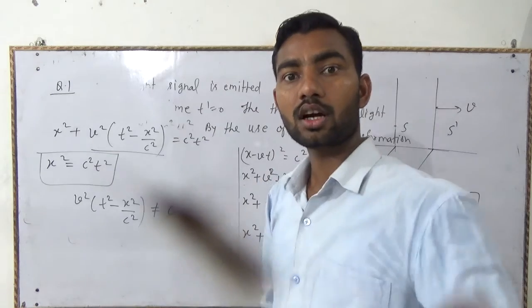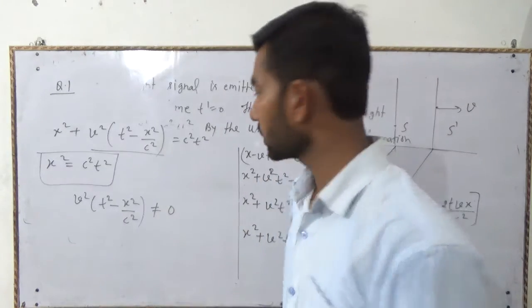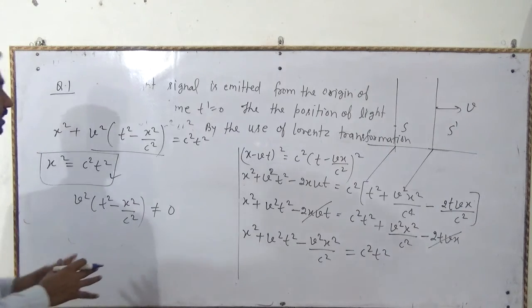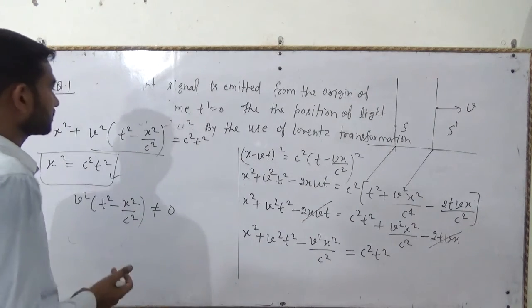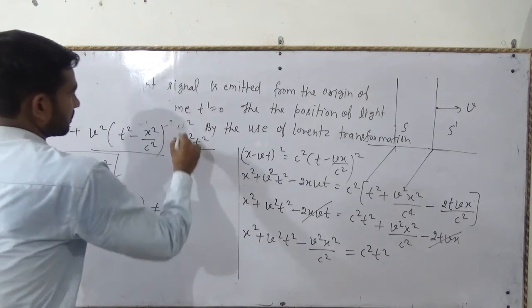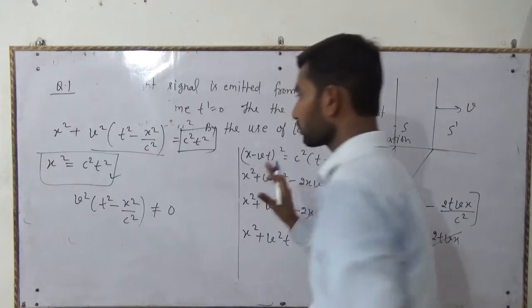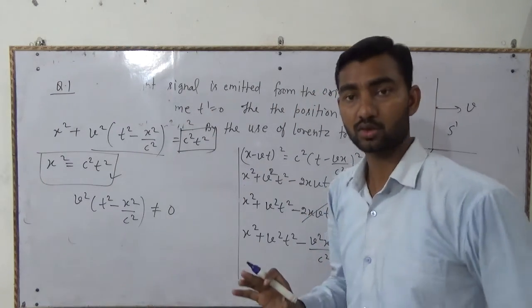So this important result we have found from this question, and it has been proved that x square is equal to c square t square.